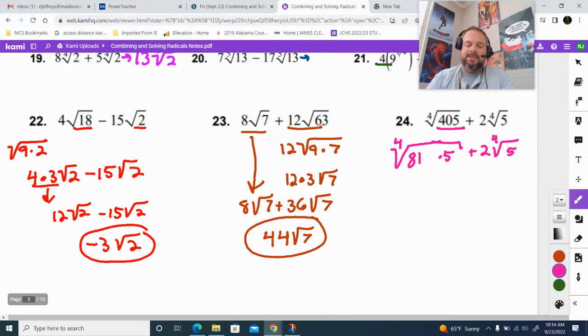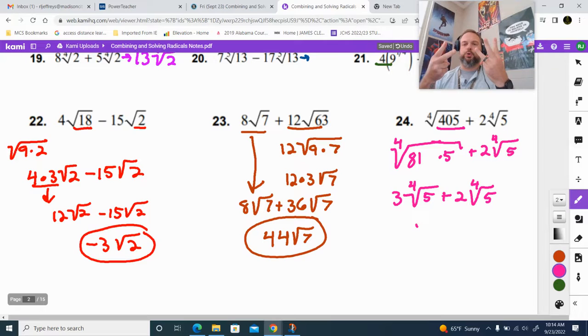Okay. The fourth root of 81 is 3. Okay. What is 3 plus 2? 1, 2, 3, 5. That's that math magic. If y'all didn't see it, you'll have to watch the video later.